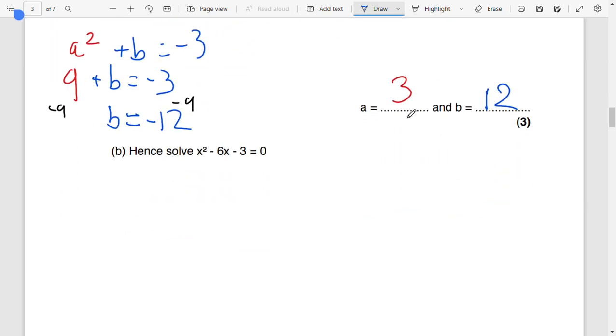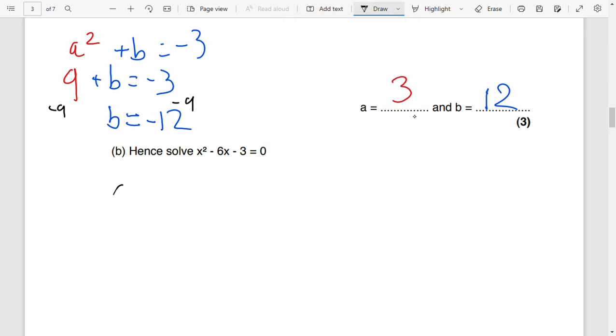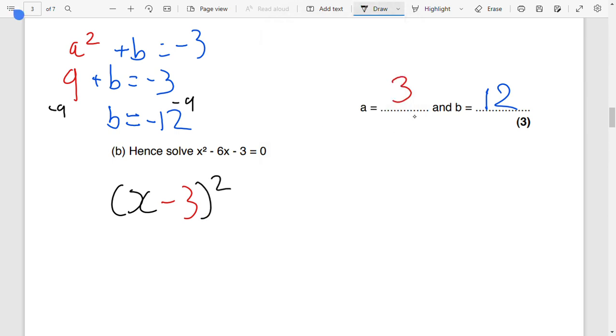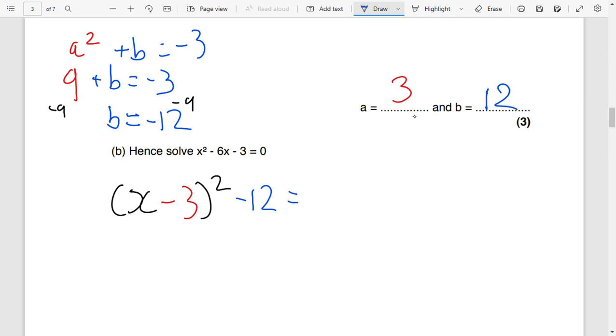Okay, and question part B, hence solve x squared minus 6x minus 3 equals 0. Well, we already know it is in the form (x minus 3) squared minus 12 equals 0.